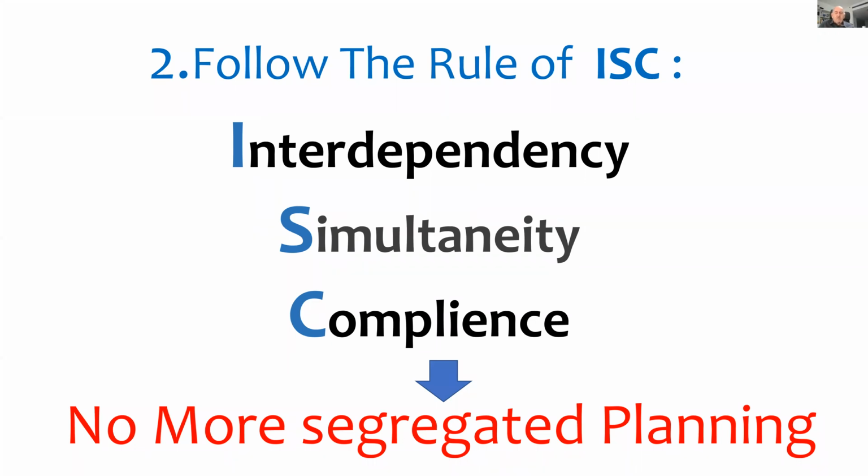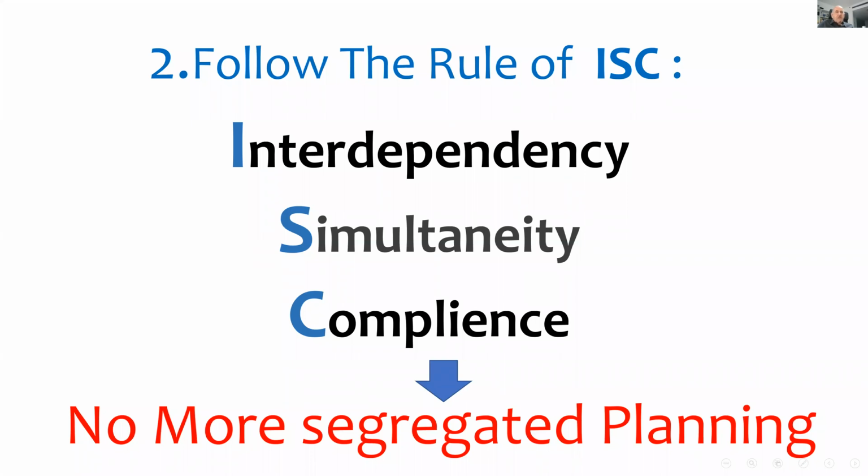No more segregated planning, because when you look at acts of planning all over, you see what we call sometimes disjointed incrementalism, which means that you plan here and there, plans are not interdependent, they are not done simultaneously, so things are not compliant to each other. So if you keep in mind that interdependency, simultaneity, and compliance are needed, then you create real planning for the country. The act of planning is crucial, of course.